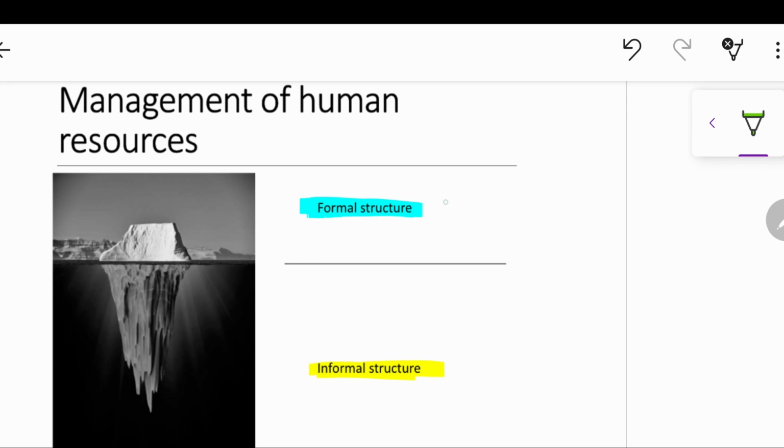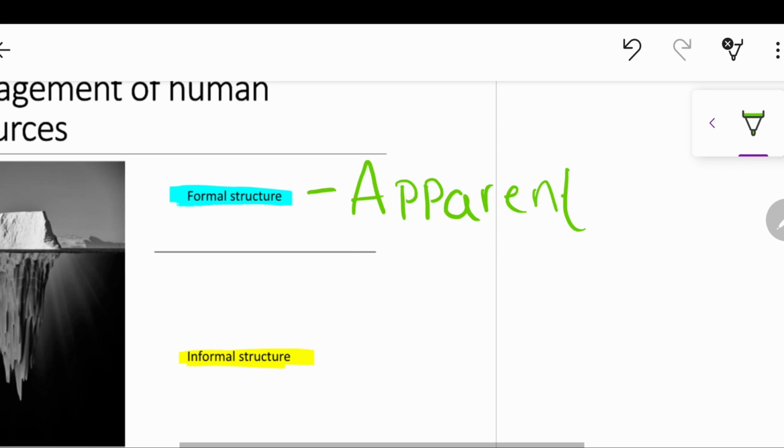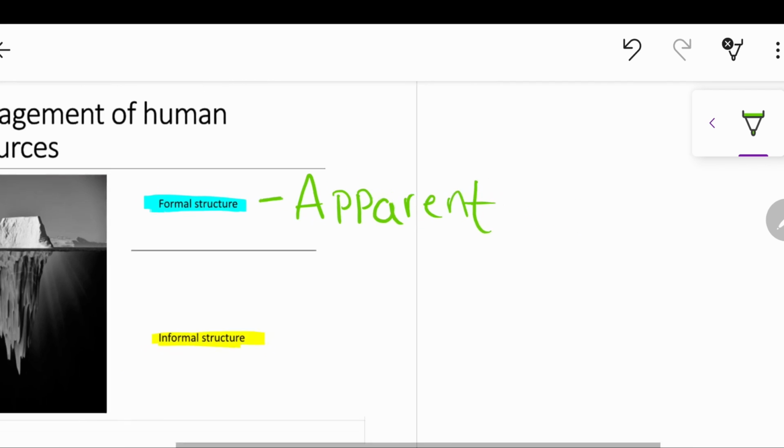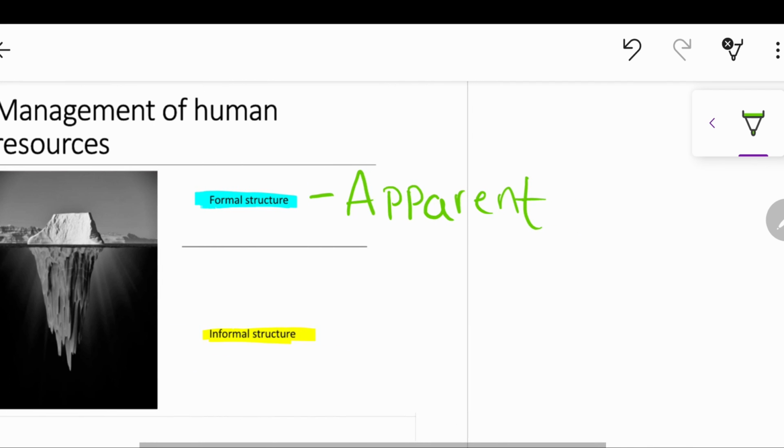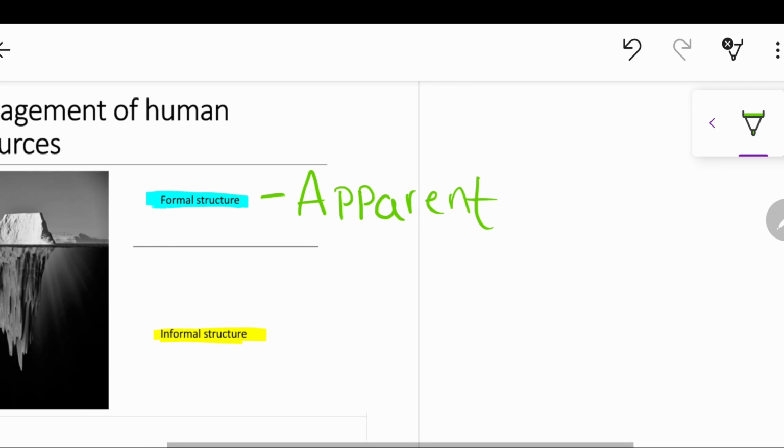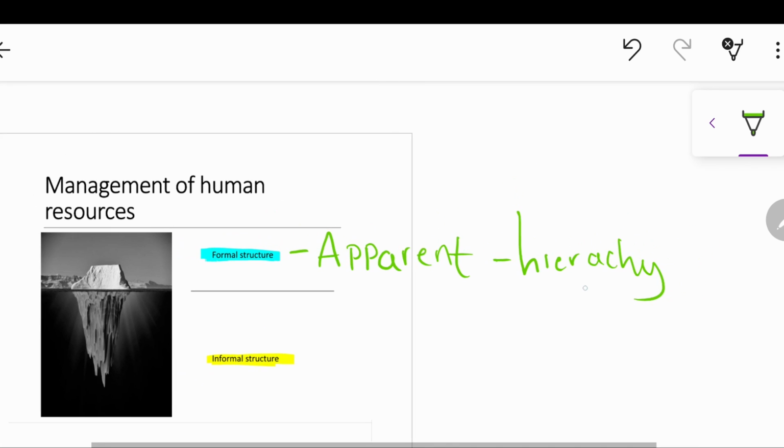Everybody knows. So what do I mean by formal structure? I mean everyone knows who the manager is, the director is, the chief, the hierarchy. People know the actual real hierarchy within the company.